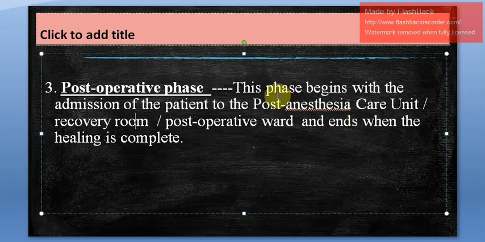The postoperative phase continues until the healing is complete and the patient is sent out. Most of the time, the postoperative phase is more important, because after the surgery, chances are there that there will be some complications, and the patient may not recover also. So the nurse has to give adequate nursing care in the postoperative phase.